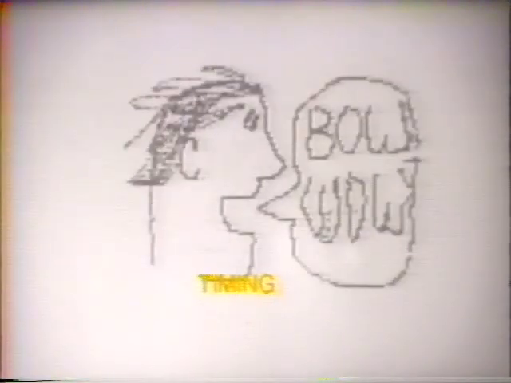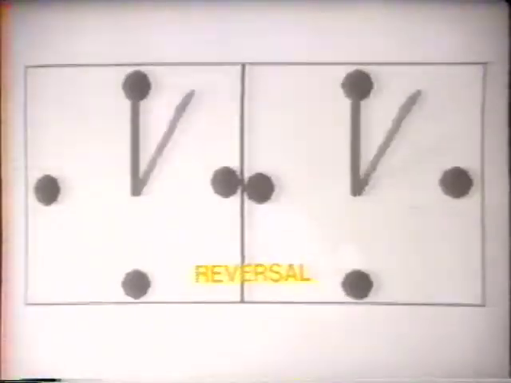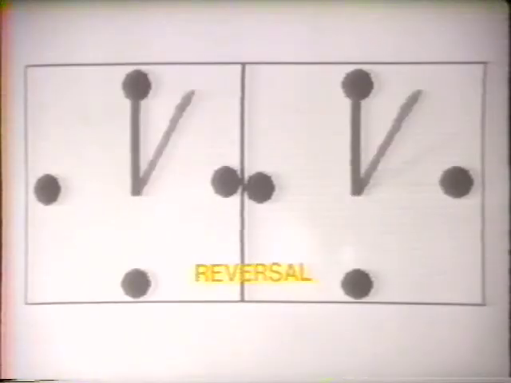Showing a frame more than once gives the impression of slower movement. The two clock examples demonstrate what happens when the order of the frames is reversed.